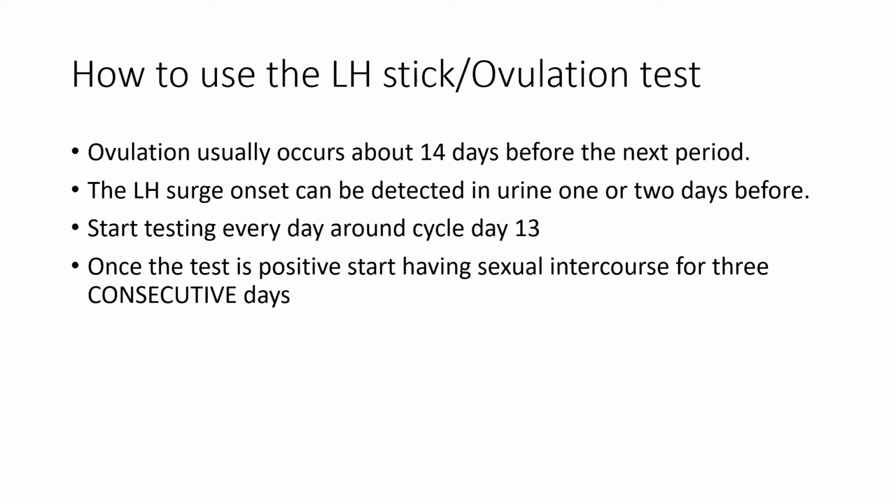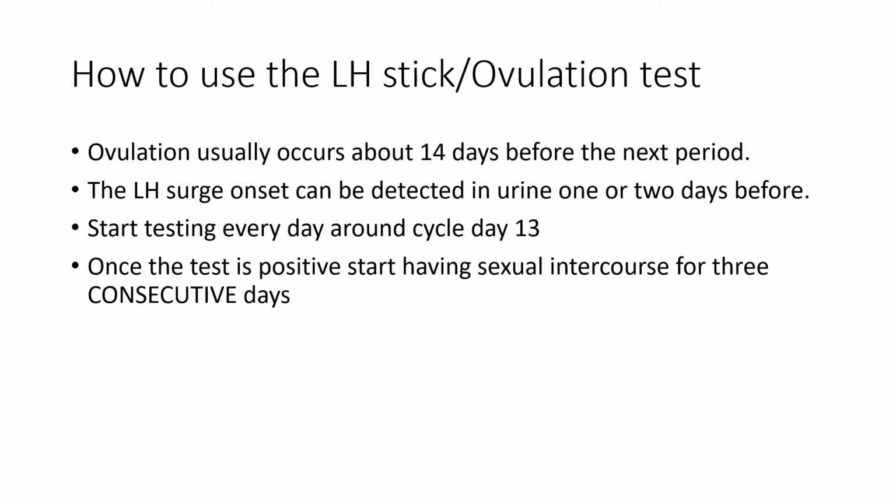Of course, this doesn't work for women with PCOS because in PCOS, for one, the patient will have oligomenorrhea, for two, the patient is not ovulating, and for three, they may have a high LH throughout the cycle. So only use it for patients who have regular periods.